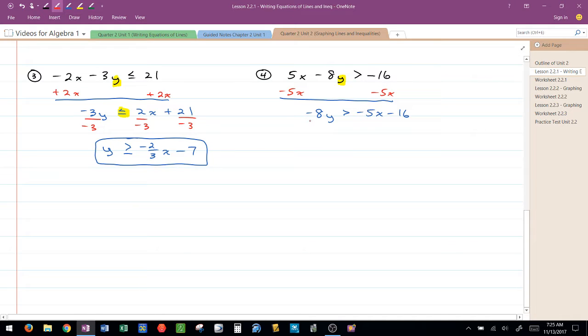I'm going to divide by negative 8 in order to get y by itself. Because I divided by a negative, I know that my inequality has to flip. Greater than became less than. Negative 5 divided by negative 8, well, that's positive 5/8 x. Negative 16 divided by negative 8, that's positive 2.